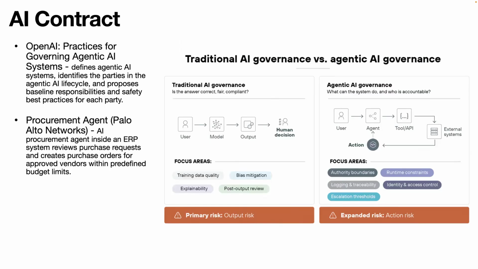And basically, TLDR is that they're saying that it used to be, when using traditional ML to make decisions, the responsibility was usually at the last step.